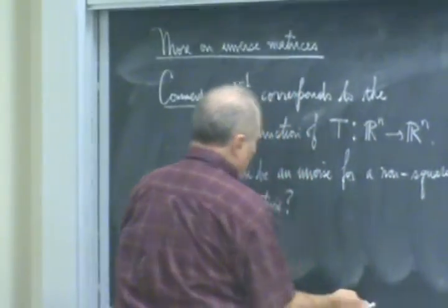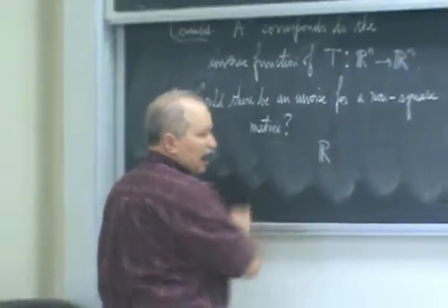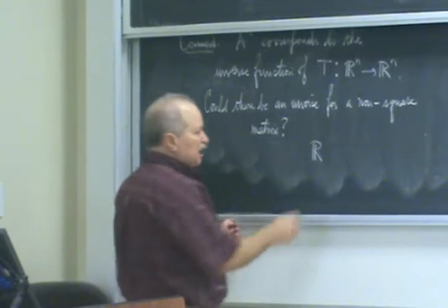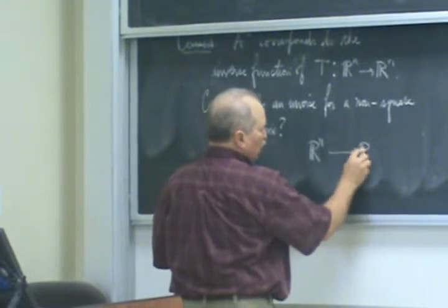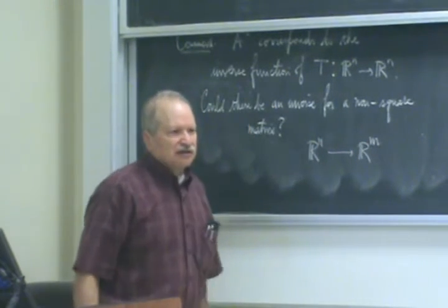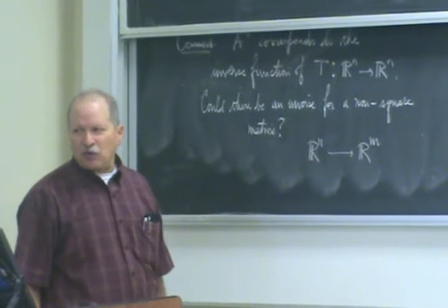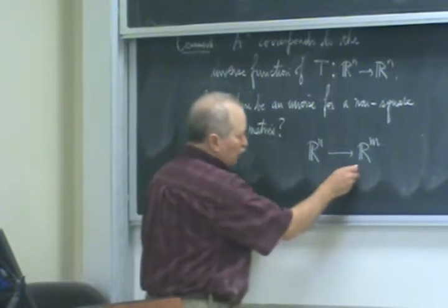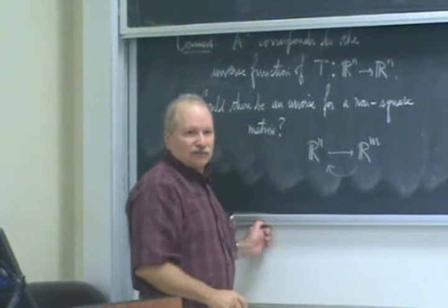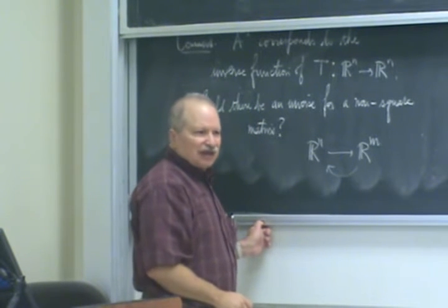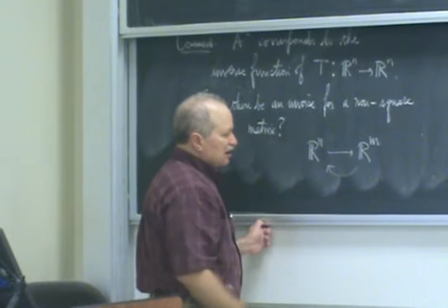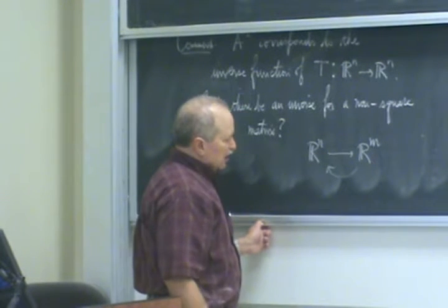If you had an m by n matrix, you'd be talking about a linear map that went like that. And what would it mean to have an inverse? Well, it should have to go back, right? An inverse function should go backwards. So the question is, can that happen?